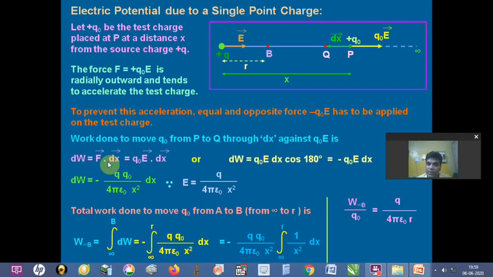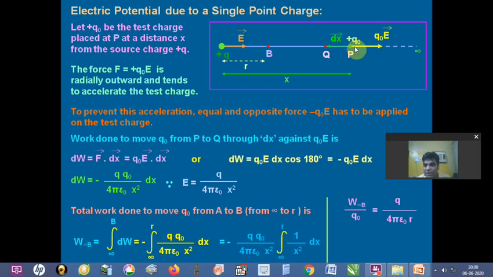F vector dot dr, here we are taking dr as a small distance dx, so we are calculating F vector dot dx vector. What is the F vector? Force can be written as Q naught E vector dot ds vector. So we have Q naught E. Now here we have a dot product. What is the angle between electric field and dx?